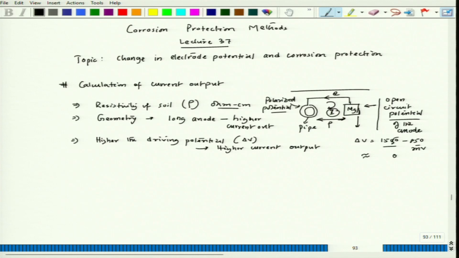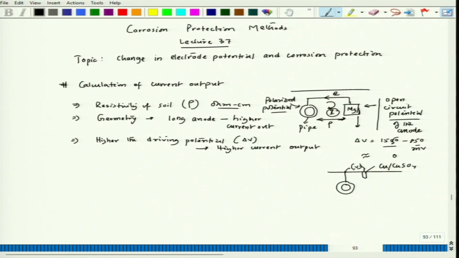So, let us say in a place you have this pipe and this is the terminal. This is the soil, and in the soil I insert the copper sulphate electrode very close to that structure which is being protected by the sacrificial effect of another anode. So, we see this potential difference.